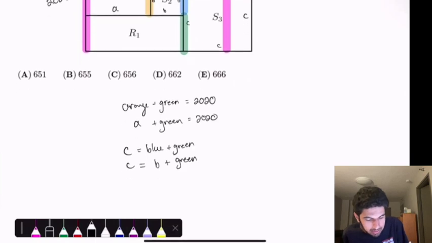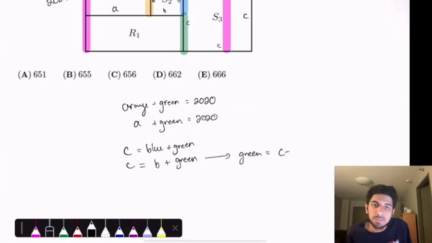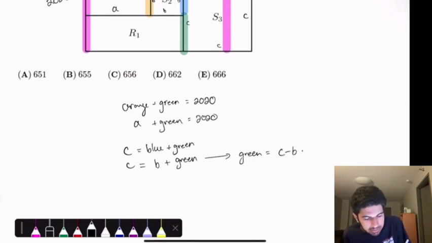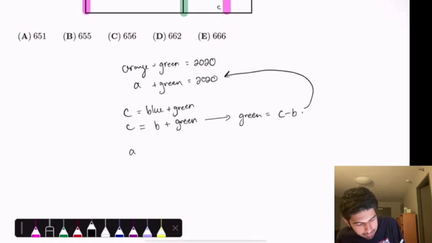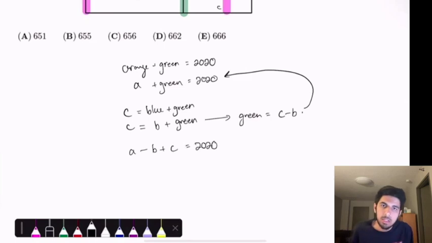So that means that green is going to be equal to C minus B. Let's substitute that back in here, and we get A minus B plus C equals 2020.